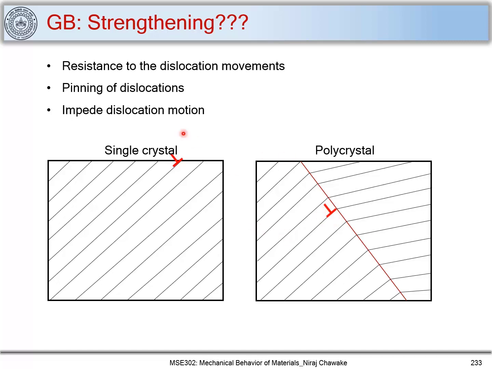So anything which stops a dislocation or impedes its motion will cause strengthening. However, this strengthening will affect ductility. If I am stopping the dislocation movement, that means I am decreasing the ductility of the material. So I am increasing the strength, but at the cost of ductility. With this single crystal and polycrystalline comparison, you would have understood that the grain boundary acts as an obstacle for dislocation motion.